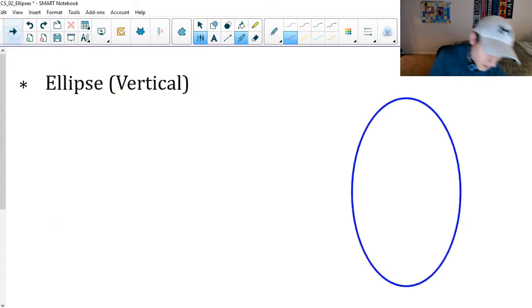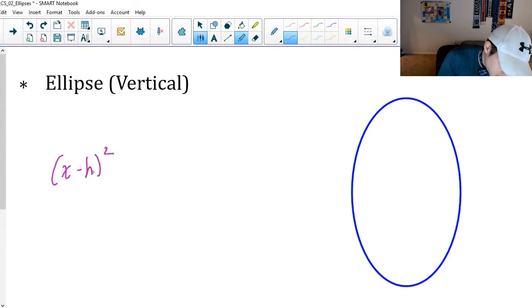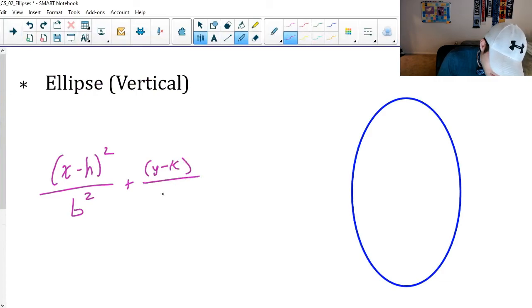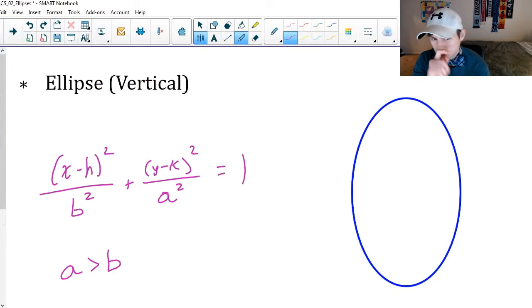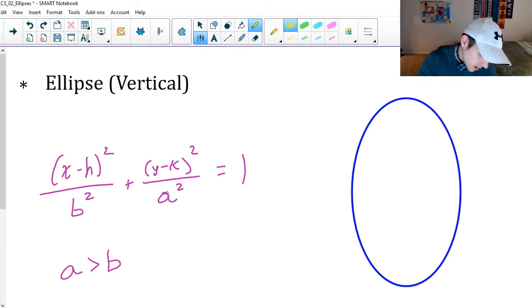We also then have a vertical ellipse, and that equation is almost identical. So this is almost exactly the same, except a is now underneath the y value.